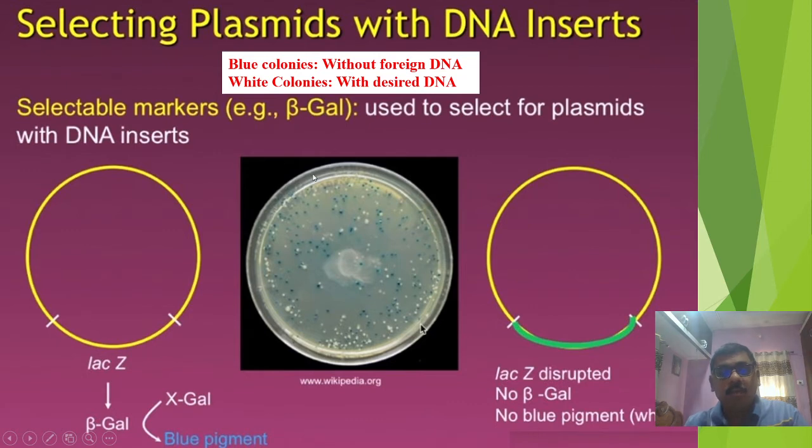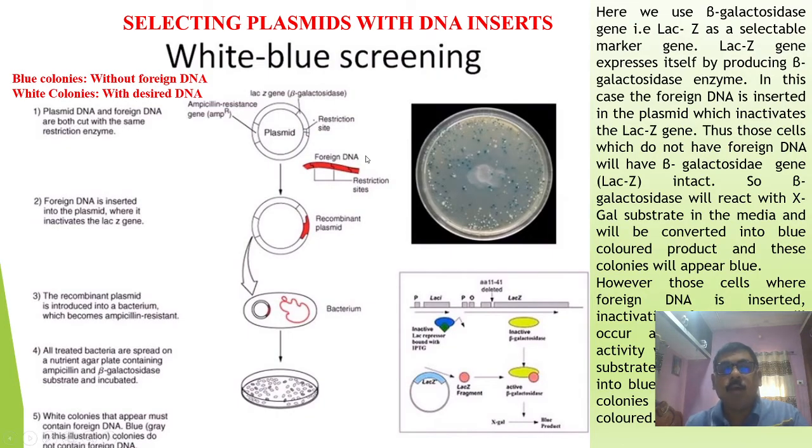In this method, whatever new or desired gene you are introducing into the plasmid, you are introducing at the restriction site, the site where the beta galactosidase or LAC-Z gene is.